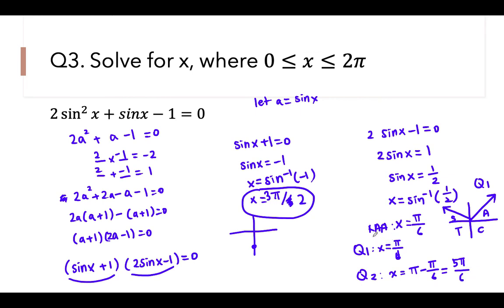So we have 3 possibilities for this equation: 3 pi over 2, or pi over 6, or 5 pi over 6. So when you see an equation and you're solving it, if you can factor, that would be awesome.